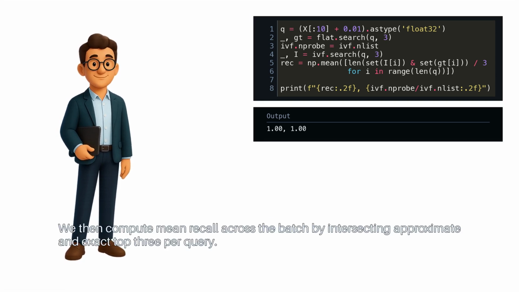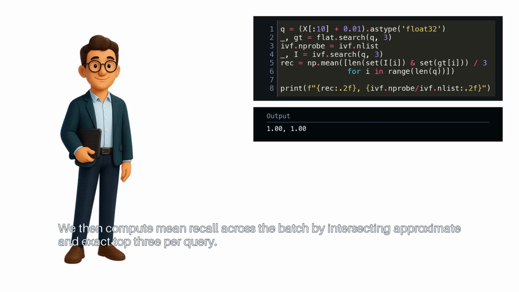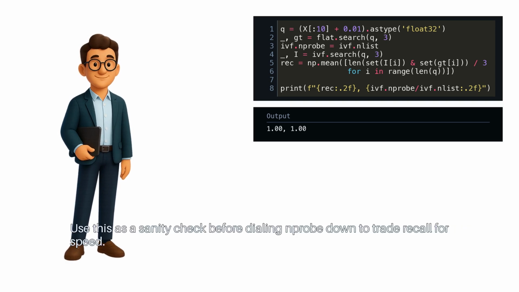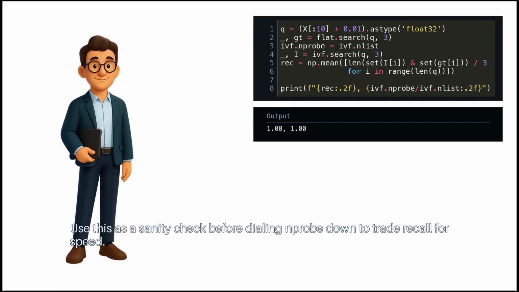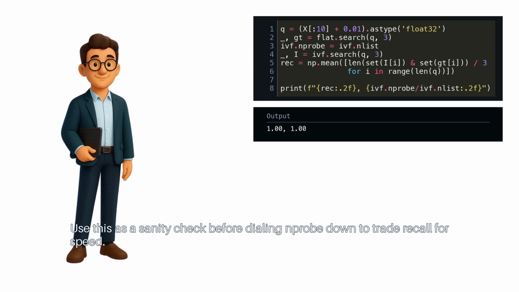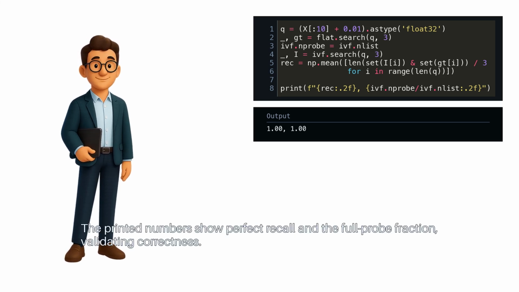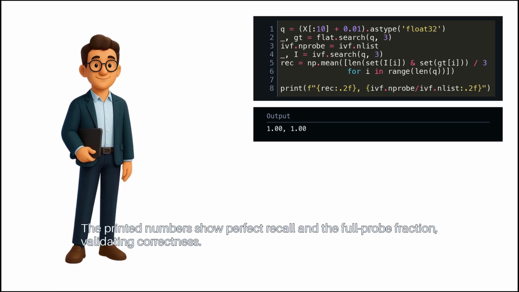We then compute mean recall across the batch by intersecting approximate and exact top 3 per query. Use this as a sanity check before dialing nprobe down to trade recall for speed. The printed numbers show perfect recall and the full probe fraction, validating correctness.